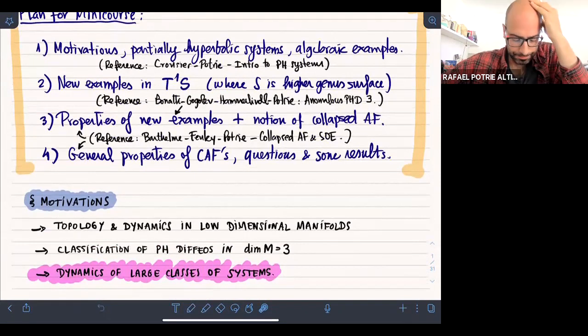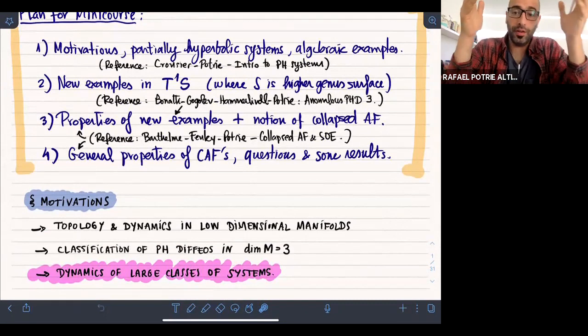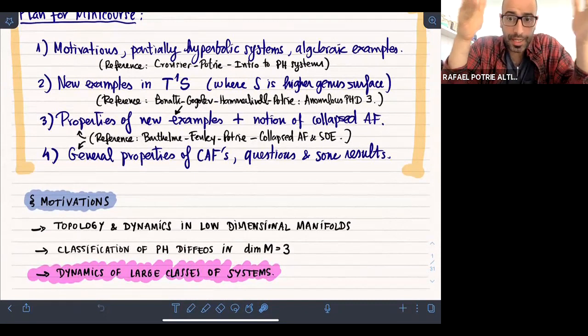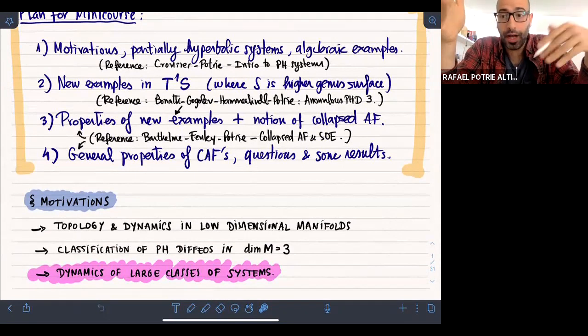Okay, so let me start by discussing some of the motivations of the subjects I'll discuss in this mini course. So the first motivation, and which is actually one of the things that motivates me the most, is to understand the link between the topology or the geometry of a phase space and the kind of dynamics it can admit.